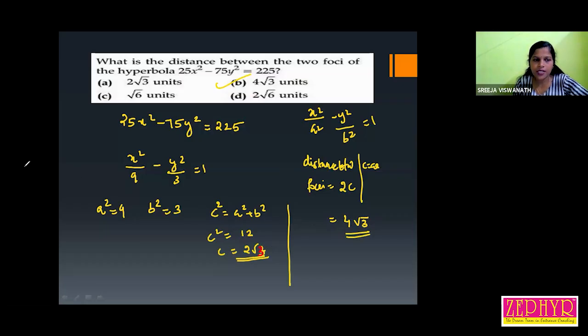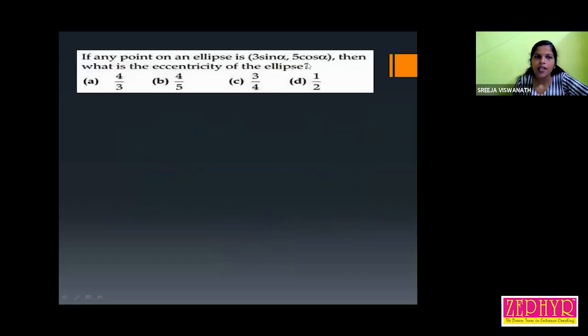Okay, next question. If any point on an ellipse is 3 sin alpha and 5 cos alpha, then what is the eccentricity of the ellipse? The parametric form of an ellipse: there are two types of ellipse, horizontal and vertical, that is a greater than b and b greater than a.